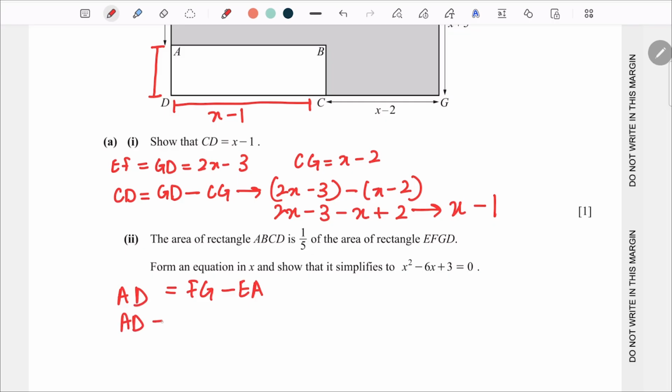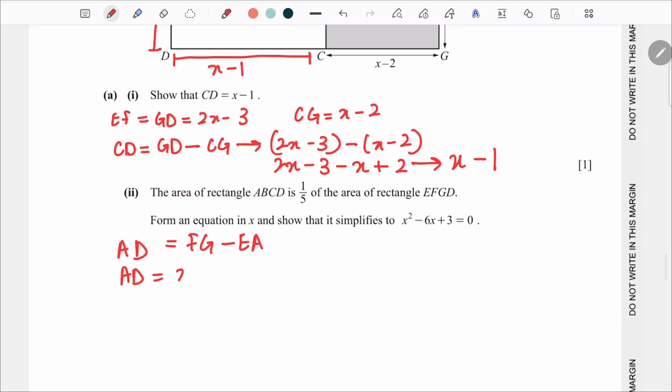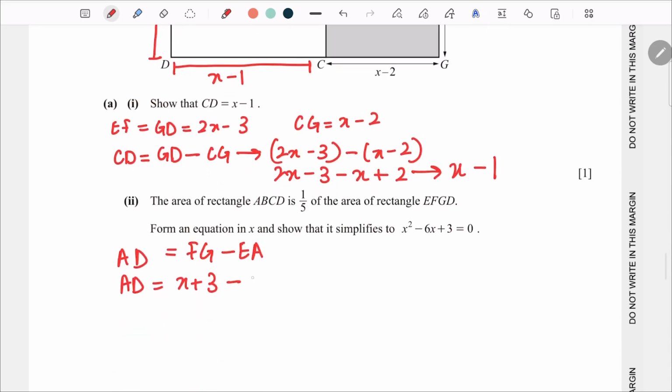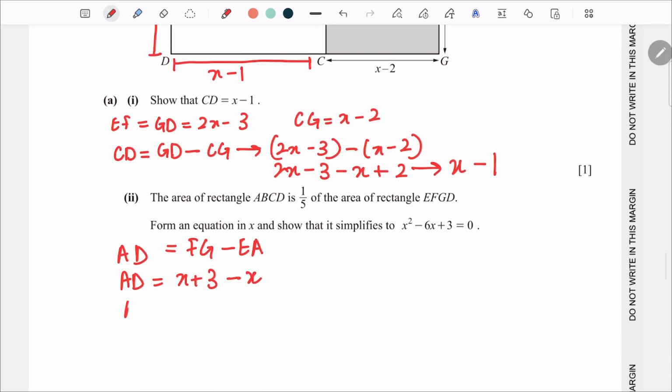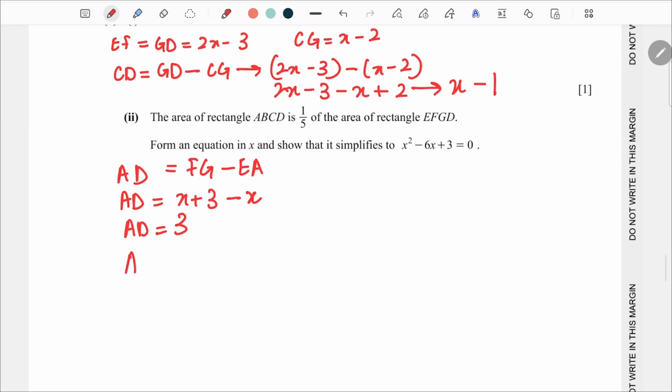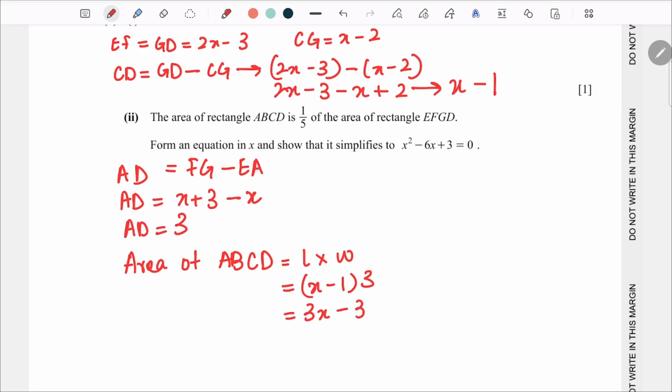So AD is equal to FG, that is x plus 3, minus EA, that is x. So AD is equal to 3. The area of rectangle ABCD is length times width. The length was x minus 1 and the width is 3, so the area of rectangle ABCD is 3x minus 3.